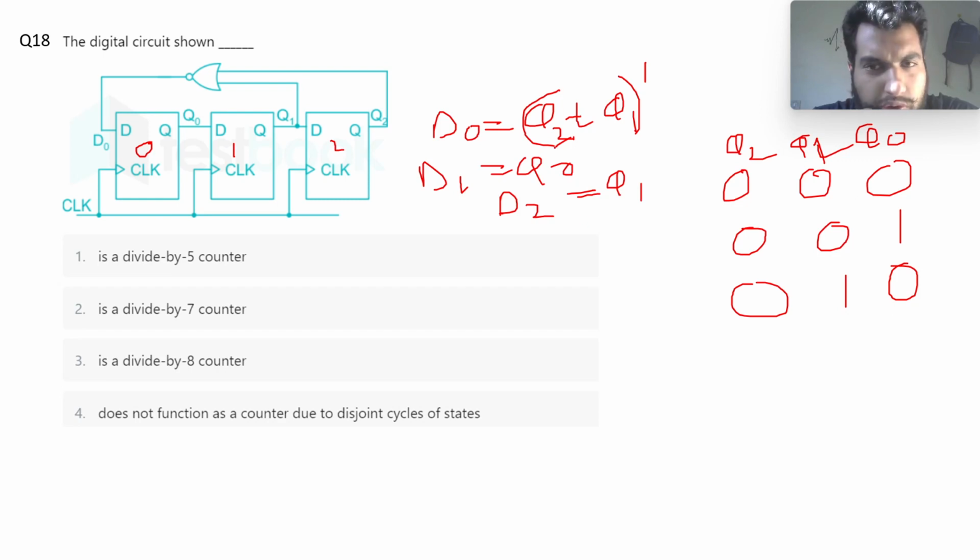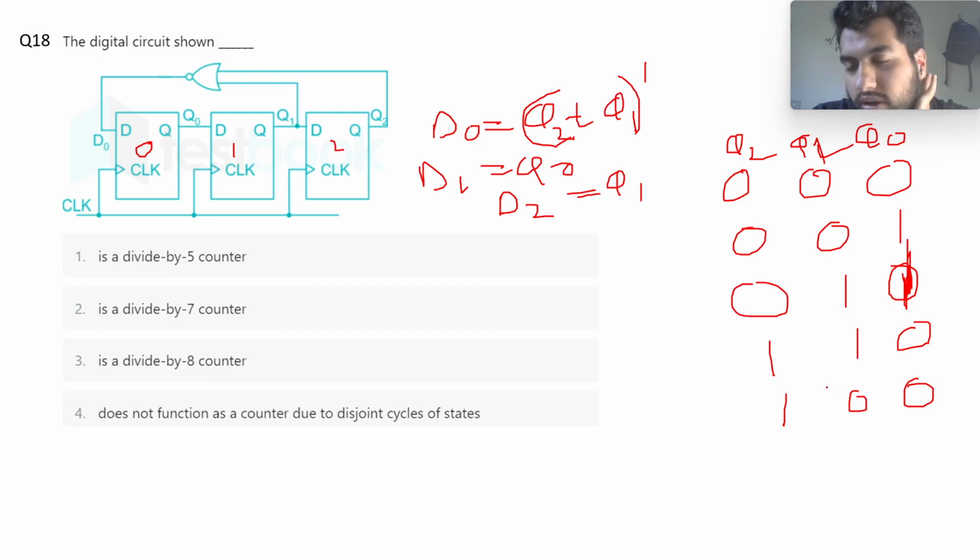Then Q0 is equal to (Q2 + Q1) complement, so the next state will be 0, 1, 1. Then 0 plus 1 is 1, its complement is 0, so it will be 1, 1, 0, and then again 1, 0, 0.